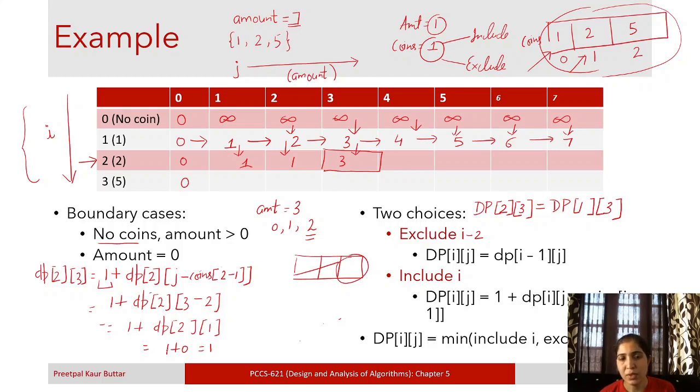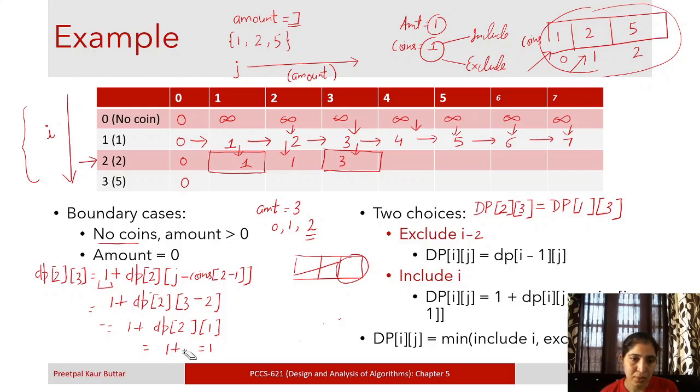And what was the solution for this? DP 2, 1, that is using the 2 rupee coin and the amount is 1. Using a 2 rupee coin we cannot make the amount equal to 1, right, which we saw here also. This is the problem we are talking about. In that case we just copied the solution from the upper cell, that is we solved it using 1 rupee coins only, and using 1 rupee coins we needed only one coin.